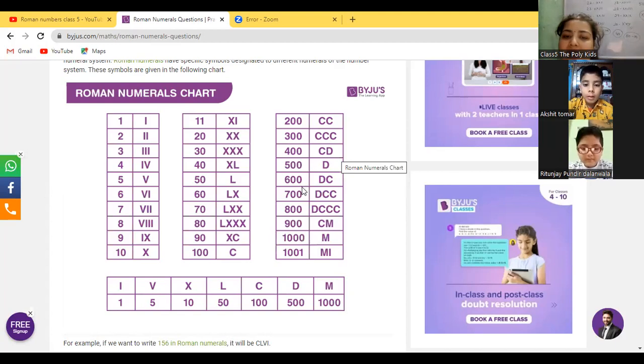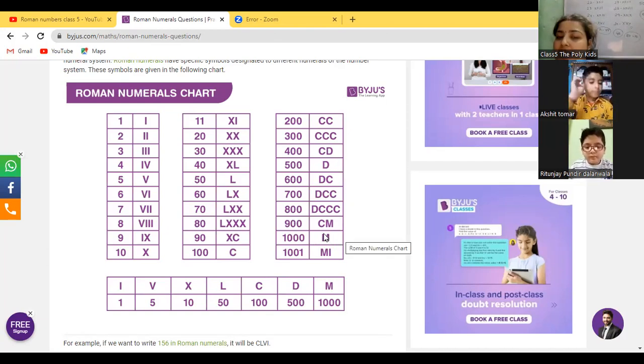And 600 is DC. 700 is DCC. 800 is DCCC. 900 is CM. Why CM? Because M means thousand and C means hundred. 1000 minus 100 is CM.